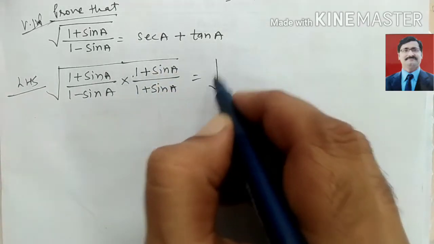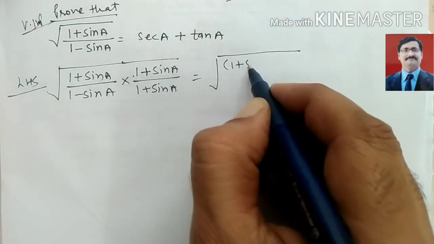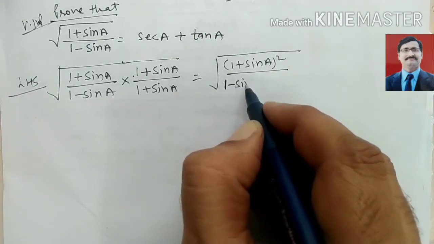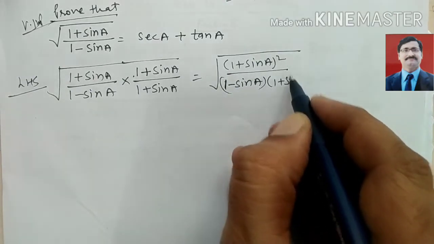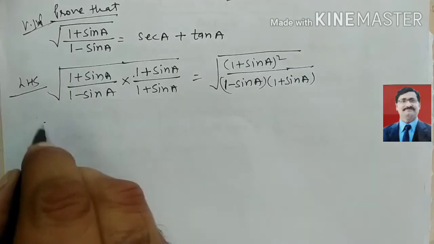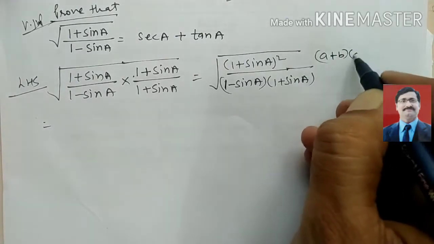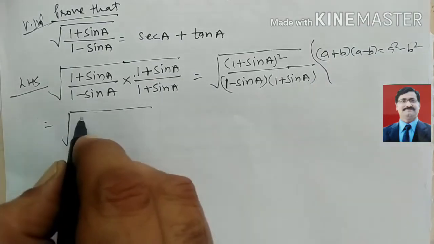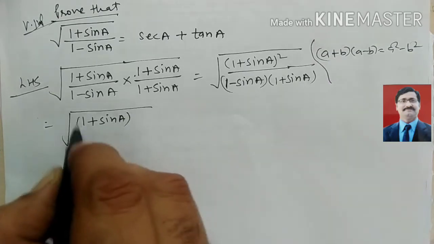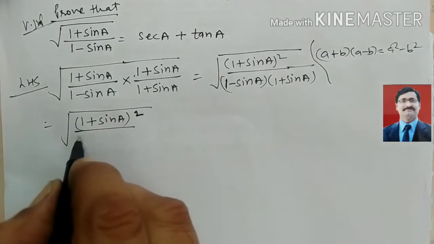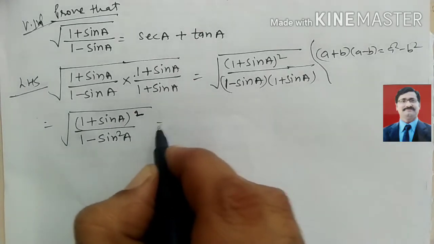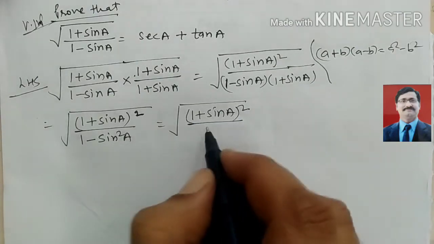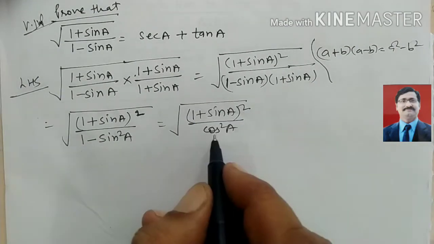Okay, so what do we get? Look here, in the numerator you get (1 + sin a) whole square, and in the denominator (1 − sin a)(1 + sin a). In the denominator you can use the formula (a + b)(a − b) = a² − b². So in the numerator you write it as it is, and in the denominator you write 1 − sin² a. This will be (1 + sin a)² upon cos² a, since 1 − sin² a is equal to cos² a.